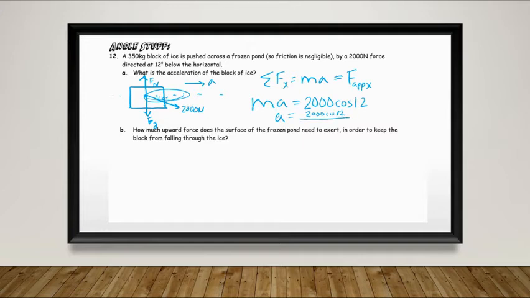All of that is going to be divided by our 350 kilograms. So that's going to end up giving us a value of 5.6 meters per second squared.